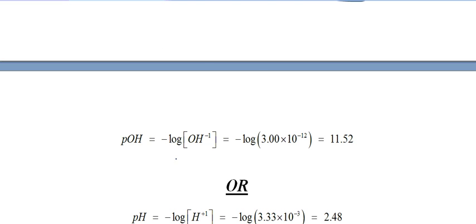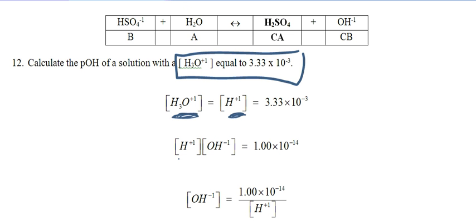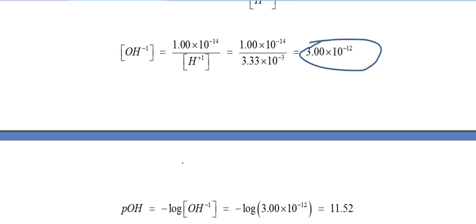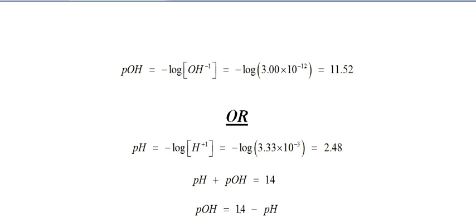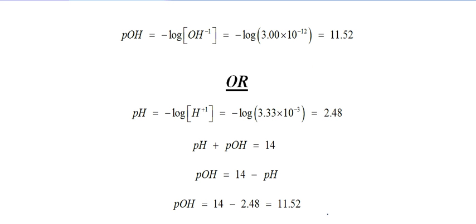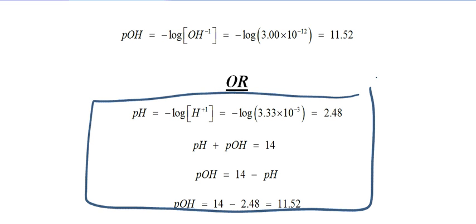Another way you could do it is, if you know the hydrogen concentration, which we do, then just find the pH of this. So we get a pH of 2.48. You know that pH plus pOH equals 14. Take the difference of those two, we get 11.52. And I would dare say that most of you would do it this way, and that's fine.